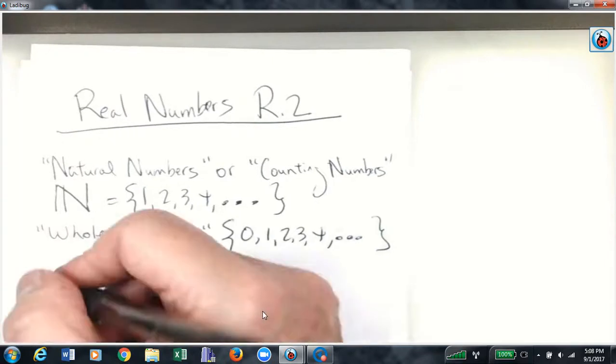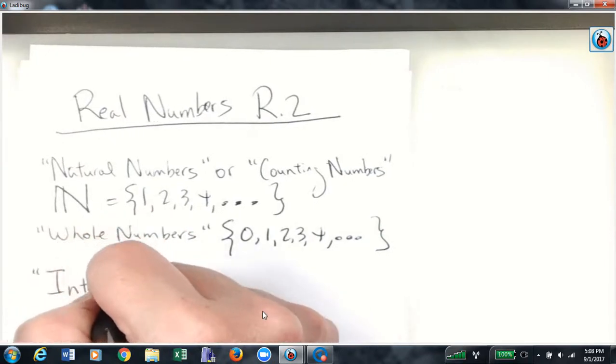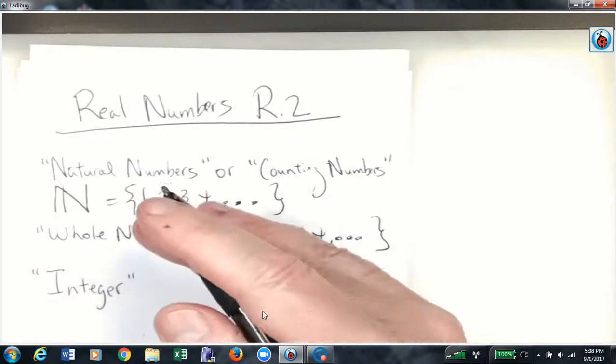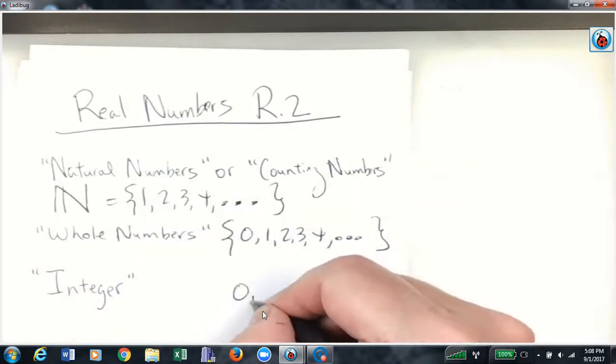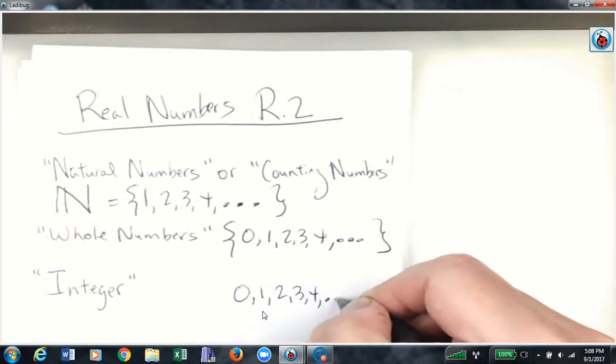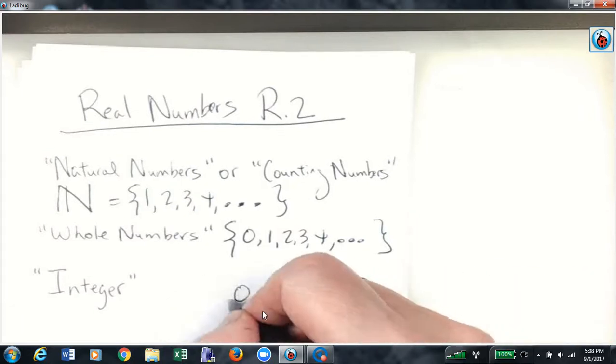If they refer to an integer, then it's going to be the whole numbers but we also want the negatives.